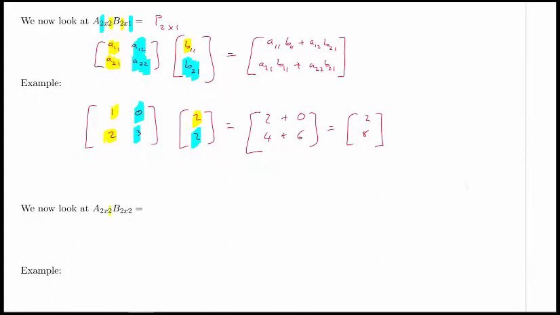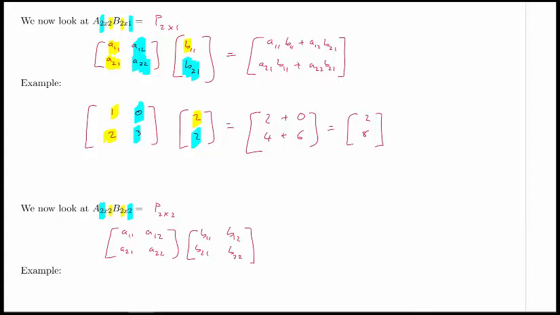A22, B22. Again, inside dimensions there are the same, so the result will be the outer dimensions there. These are two square matrices, so the product of them will be the same square as those two guys. So let's go ahead and look at this. A11, A12, A21, A22, multiplied by B11, B12, B21, and B22.